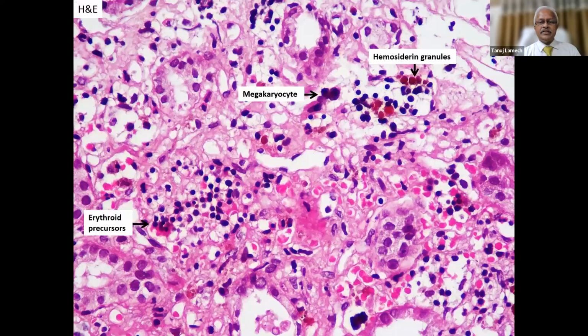As you can see here, a whole lot of cells of the blood lineage, the different lineages of blood, are present here. So erythroid precursors, and the megakaryocyte, the big one, and a lot of hemosiderin granules in the interstitium, but not in the tubular epithelial cells. Presence of hemosiderin in the tubular epithelial cell denotes something else. Here it was in the interstitium, and there are focal areas of hemorrhage.